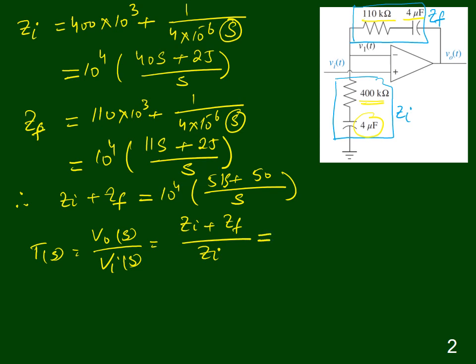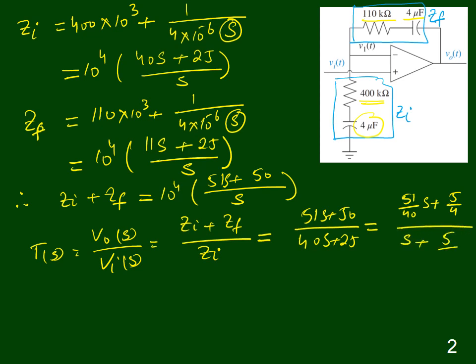It is easy to write down (51s plus 50) upon (40s plus 25). To write this in the standard format, it is easy to write 51 upon 40 times (s plus 50 upon 51) divided by (s plus 5 upon 8), and this is the transfer function of the system.